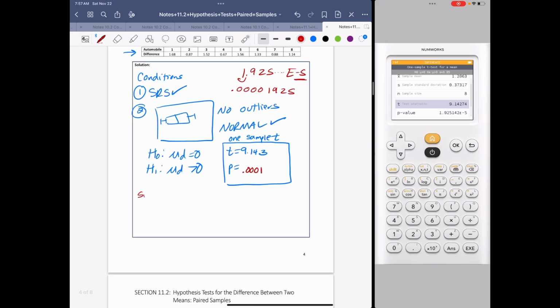So I'm going to say since our p-value of 0.0001 is less than alpha equals 0.01, we will reject H0.